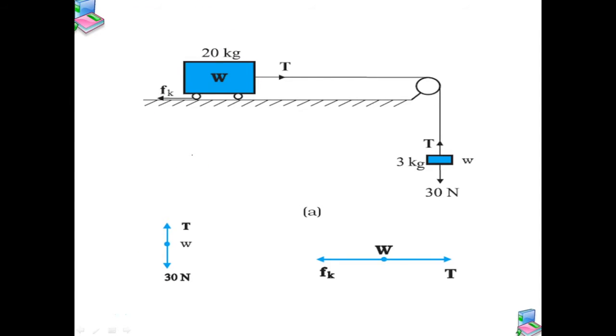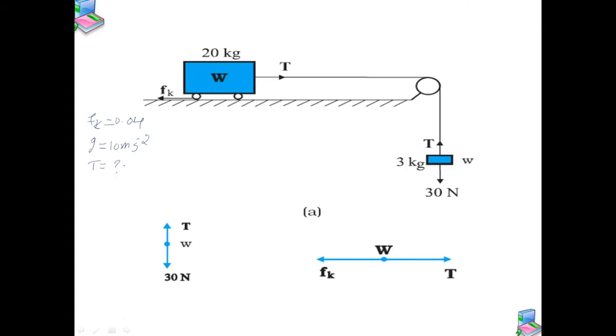We should find the acceleration of this block and trolley system, and the coefficient of kinetic friction between the trolley and surface is 0.04.